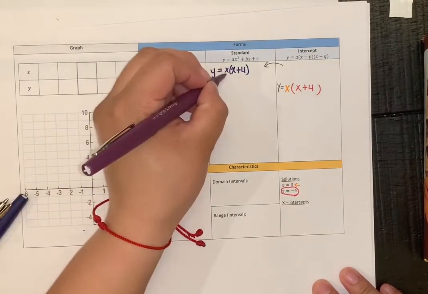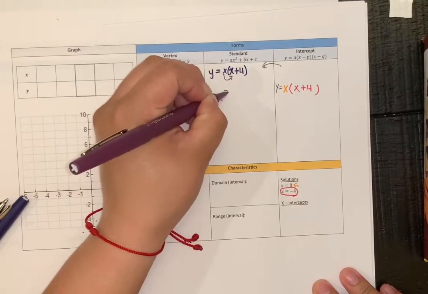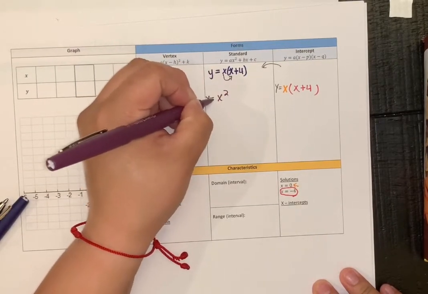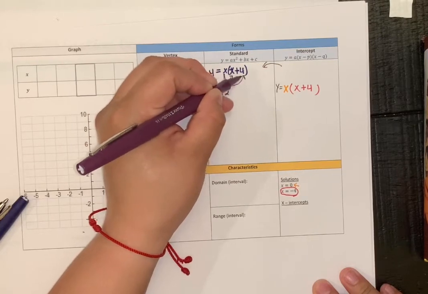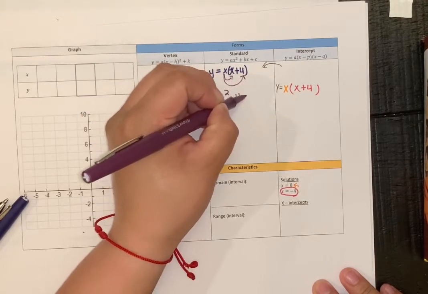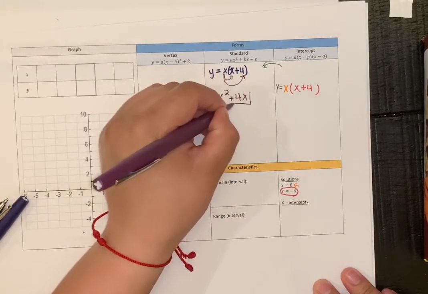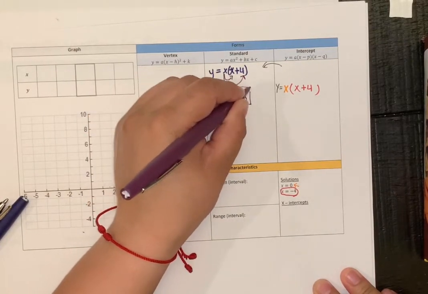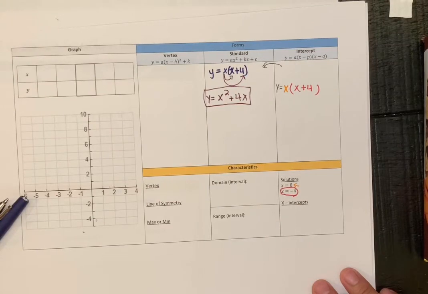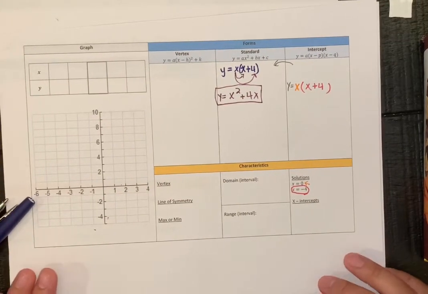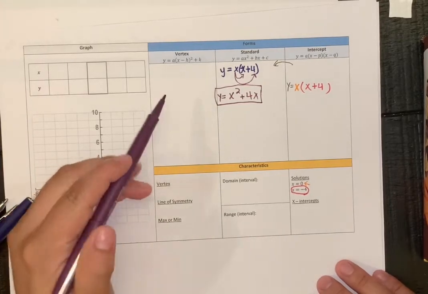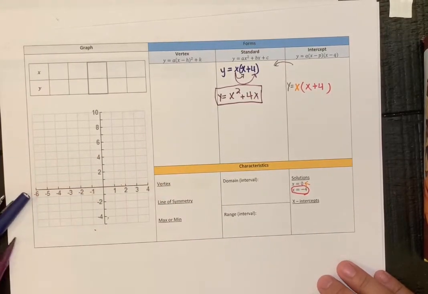I'm just going to distribute: x times x is x squared, and x times 4 is plus 4x. And that is my standard form. Now, we don't have a c, and that is totally fine. We can still continue with our vertex. If you remember, we don't need our c for our vertex formula.